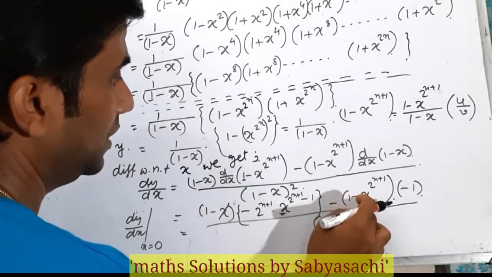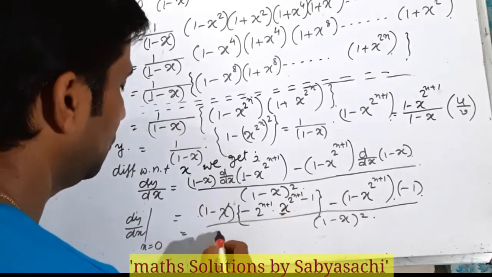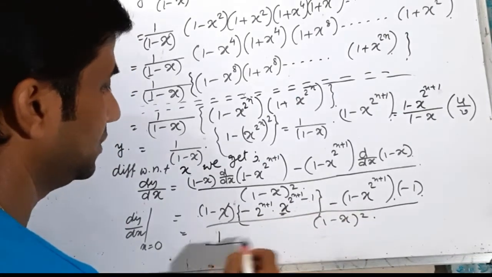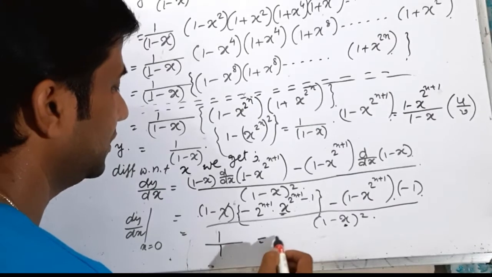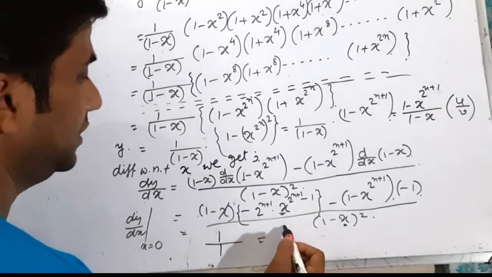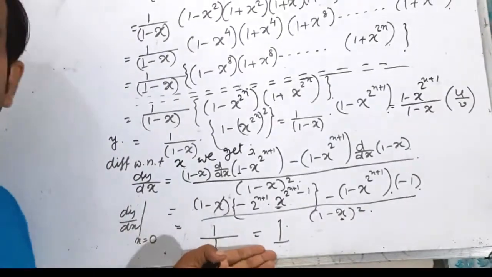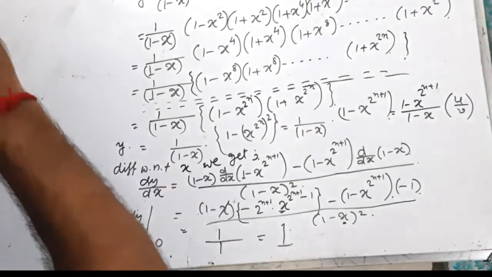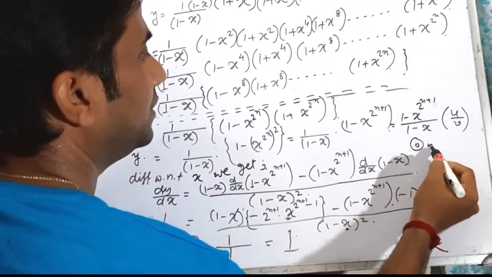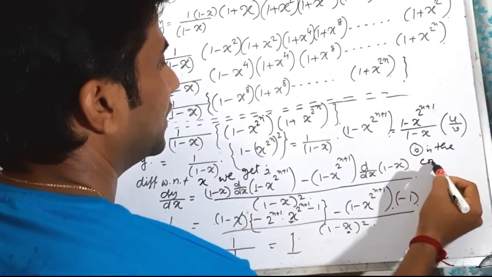This is 1, 1 and minus 1, so it is 1. That means your answer is 1. This is the answer. So B is the correct answer.